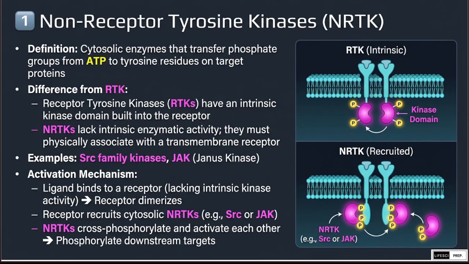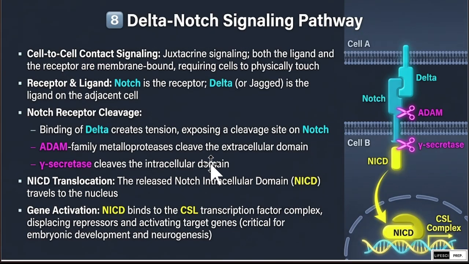So, let's start from Delta-Notch signaling. Here, it is a juxtacrine signaling. Both the ligand and receptor are present in the membrane and they require physical touch to activate.